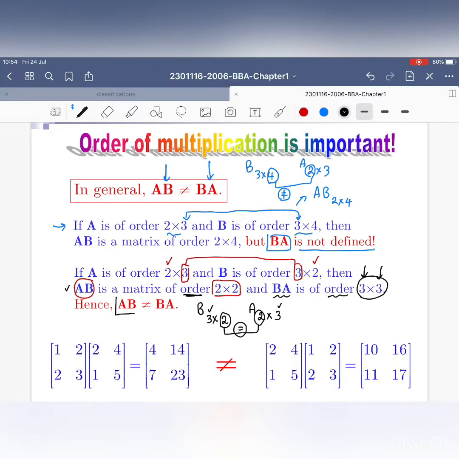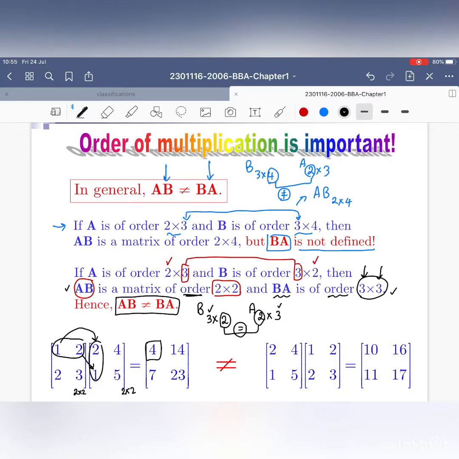Of course, A times B and B times A are not the same. Even if you have square matrices like a 2 by 2 and a 2 by 2, where either way you commute between A times B or B times A you still get the same order, in general, if you really perform the multiplication, for example this one, you are going to have 1 multiplied by 2 and 2 multiplied by 1 added together.